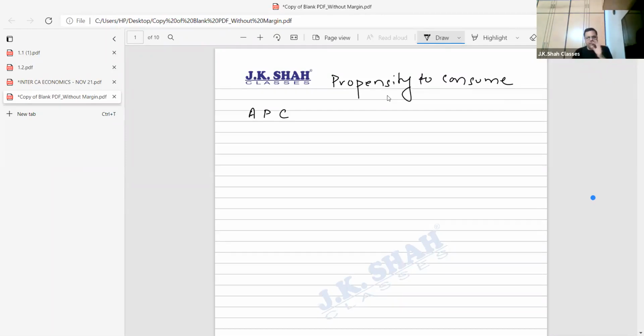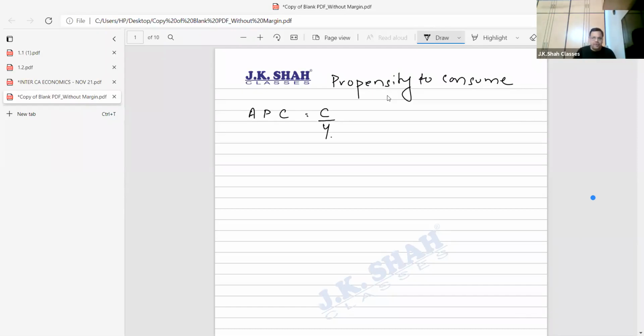So how much part of your income you're spending on consumption determines your average propensity to consume. The formula for APC will be C upon Y, where C is consumption and Y is income.